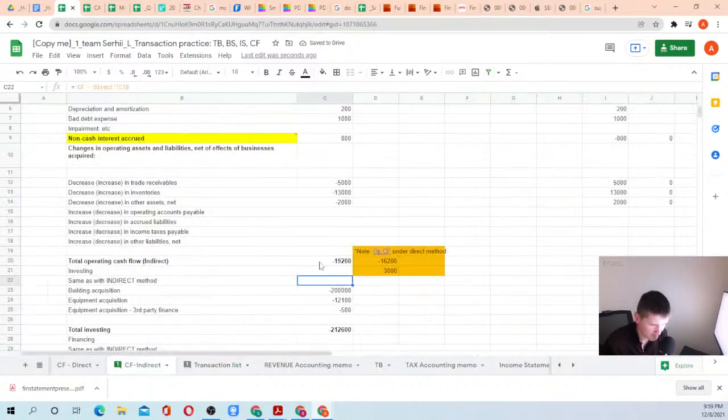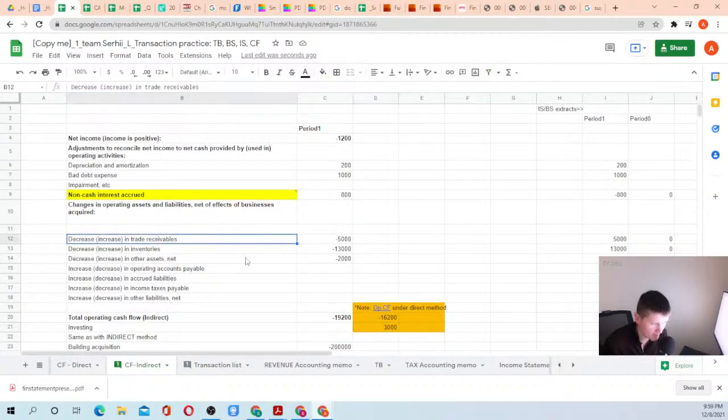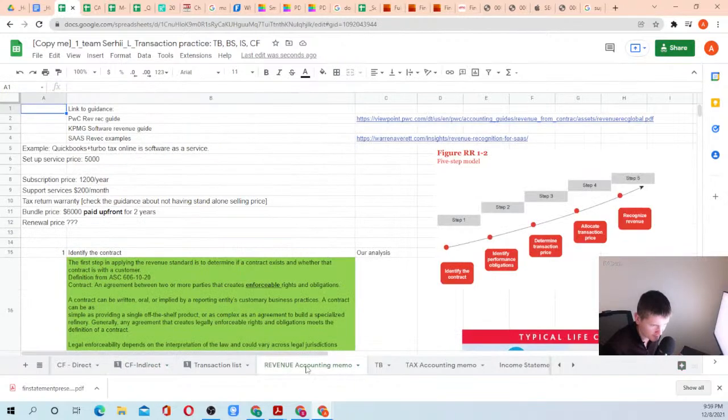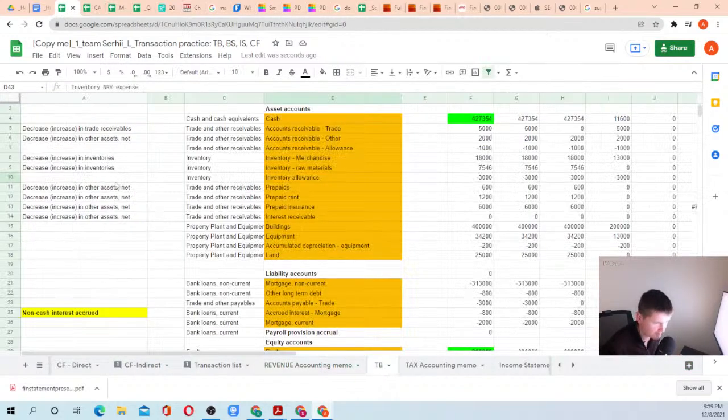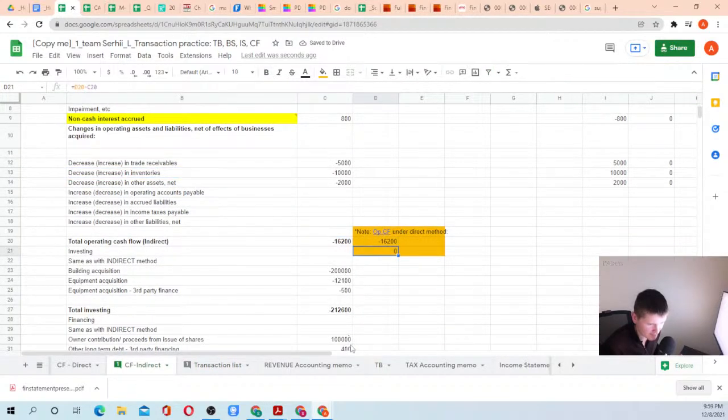Okay, so now we have a 3000 difference again, and now we have a choice to either reflect it as part of inventory change. So if I map it here, everything will reconcile back.